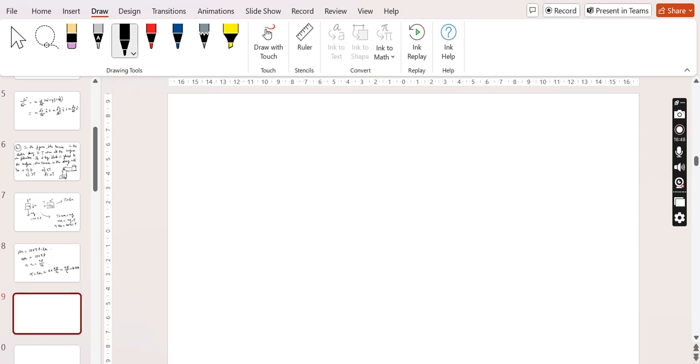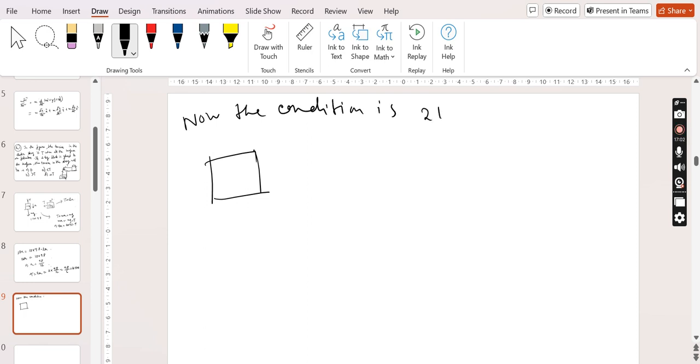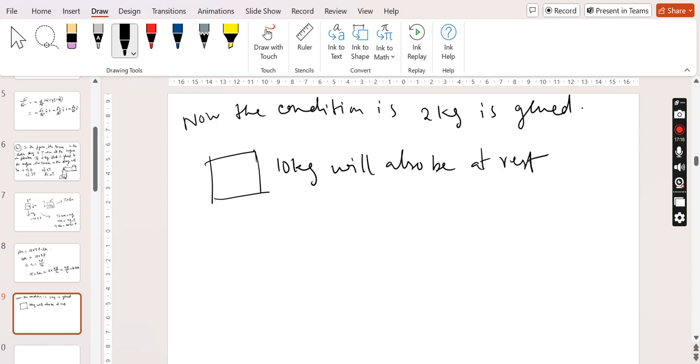When 2 kg is glued, action is... 2 kg is glued. 1 kg will also be at rest.